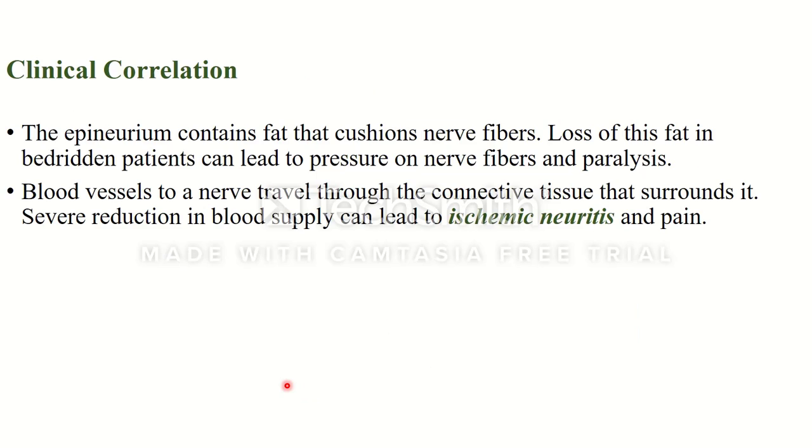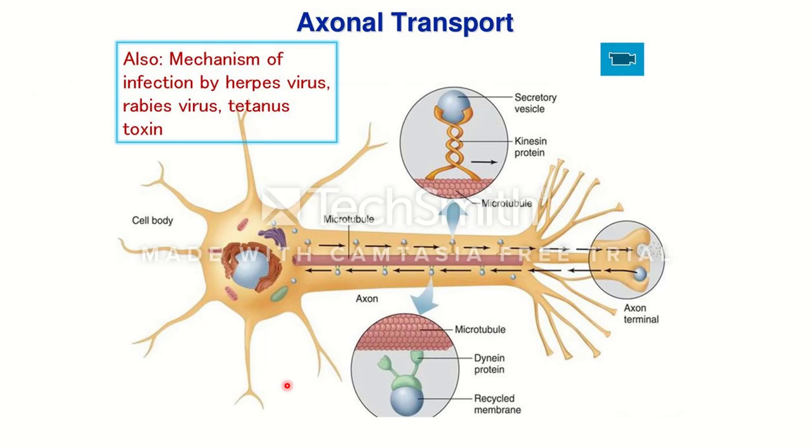You can see, I think, also here: toward the cell body or away from the cell body. The transport away from the cell body and toward the terminal buttons is called the anterograde transport, and antero means forward.